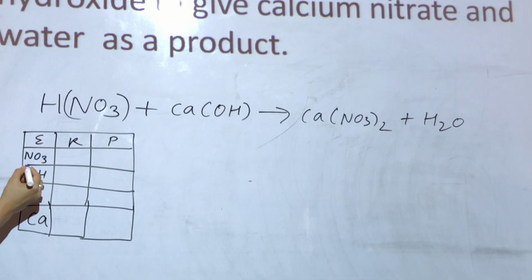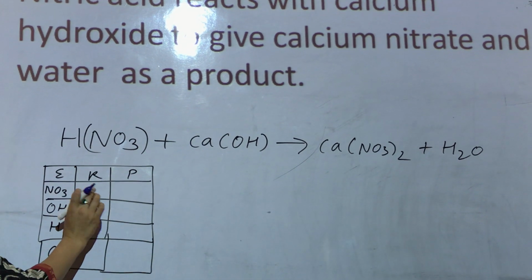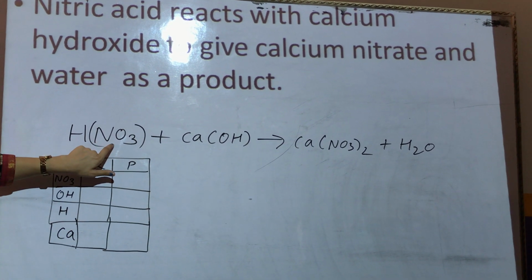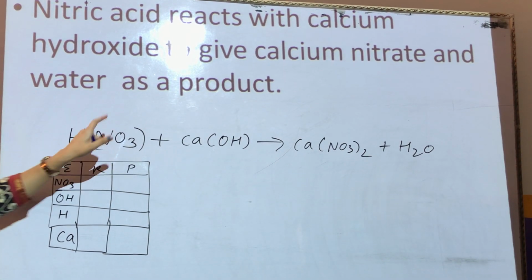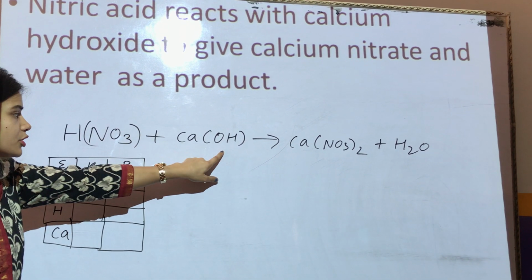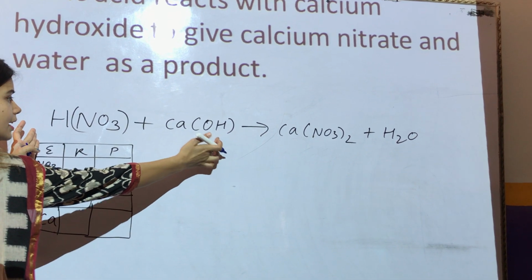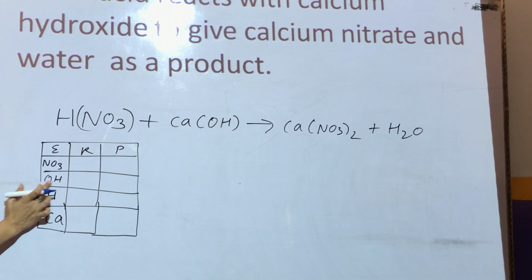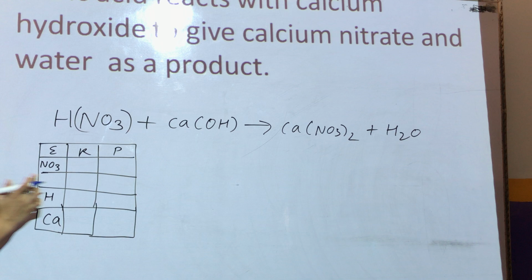If any polyatomic ion is present only on one side, either reactant or product, it will not be considered a polyatomic ion. For example, NO3 is present here in the reactant side and also on the product side. Whereas OH, the hydroxide ion, is present only in the reactant side. It is not present in the product side. So we will not consider the OH ion. Is that clear?